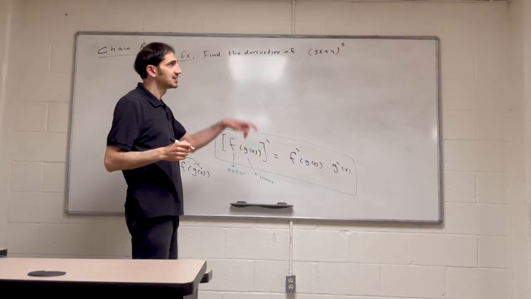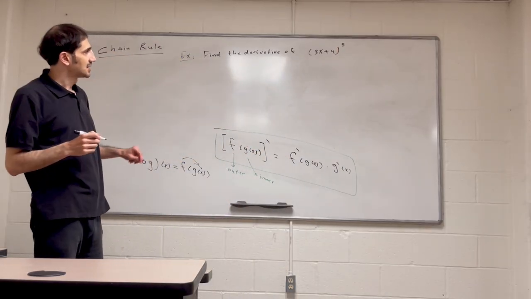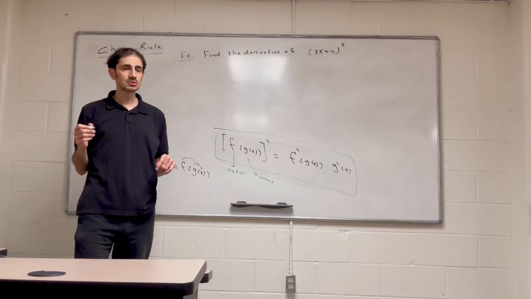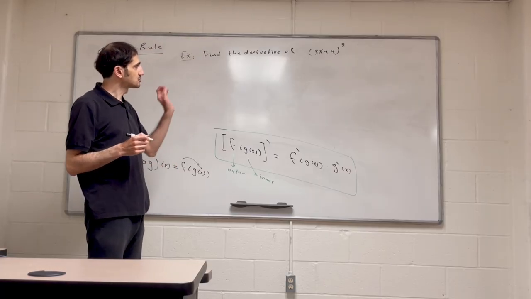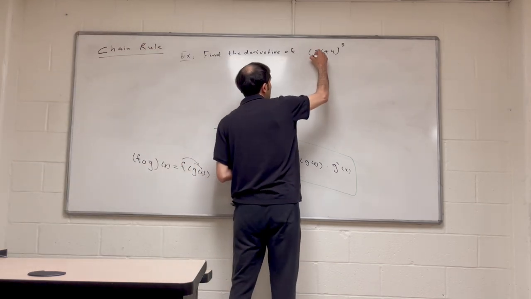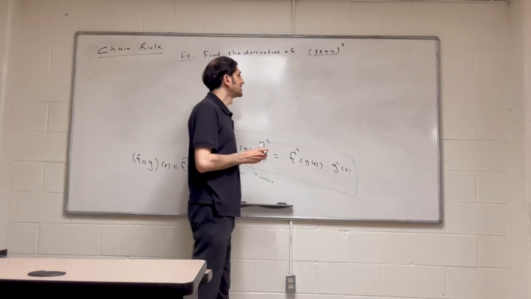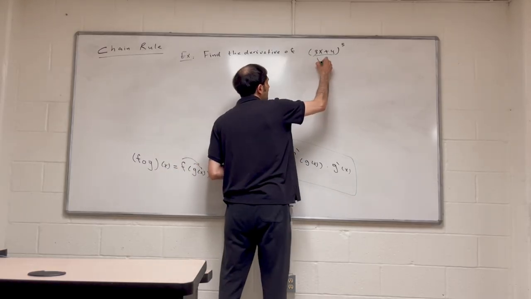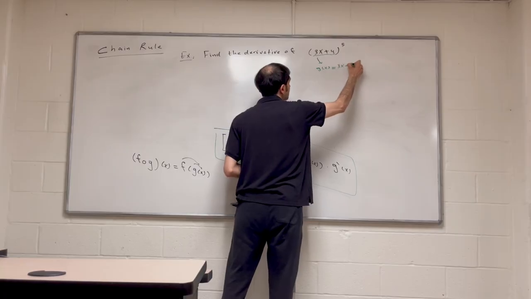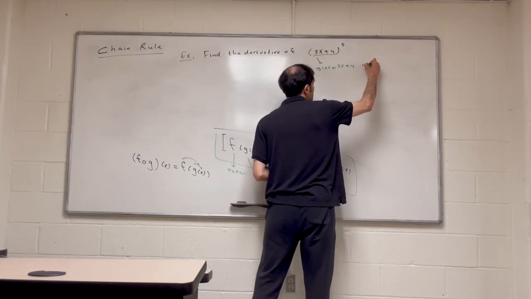As you can see, I have a linear polynomial inside, and I have a polynomial of degree 5 outside. So here I'm talking about a composition of two functions. Which one is the inner function? Yay! This guy inside, the linear function, g(x) equals 3x plus 4. I call it the inner function.